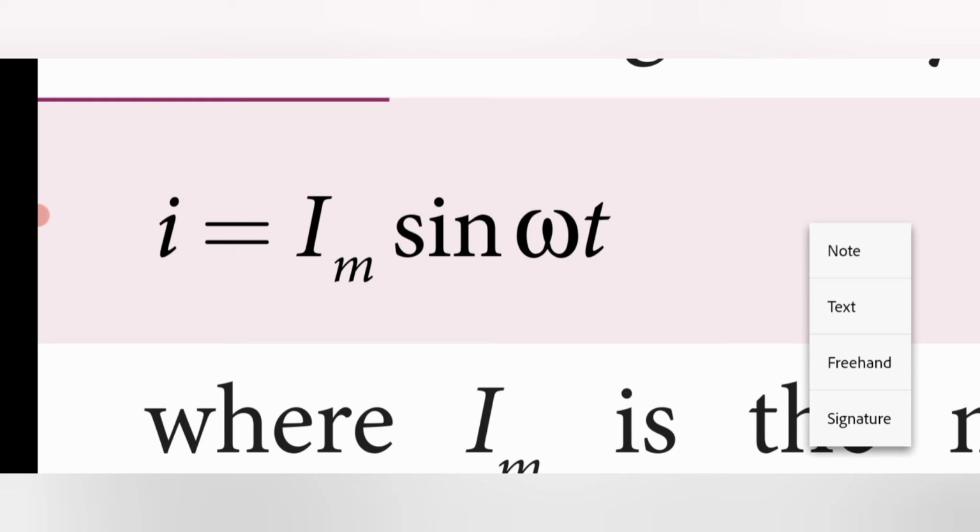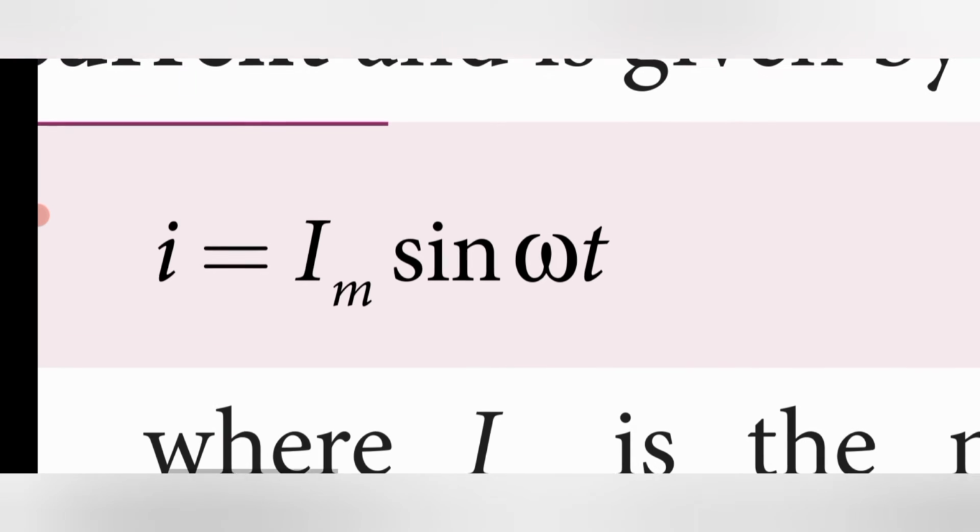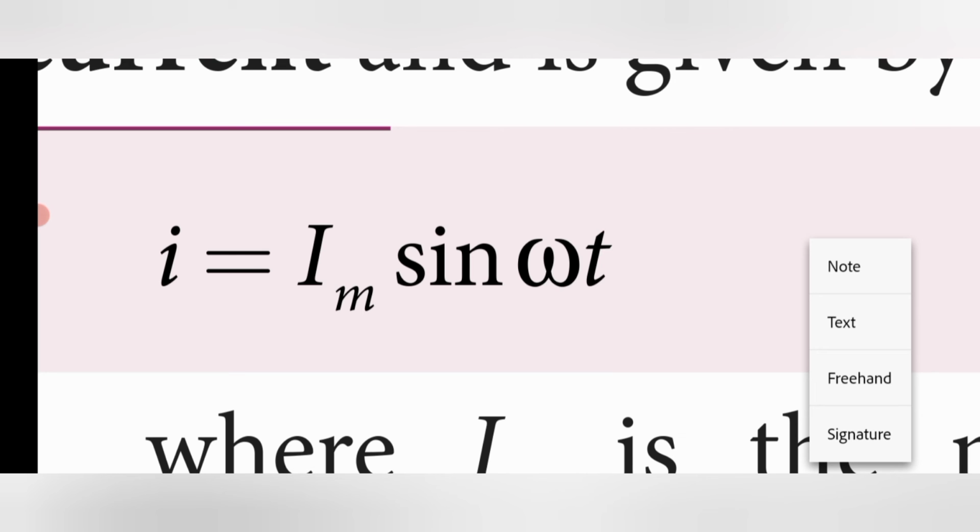So that current is also an alternating current, given by I is equal to Im sin omega t, where I is the current value and Im is the maximum amplitude of the current, forming a sinusoidal wave.